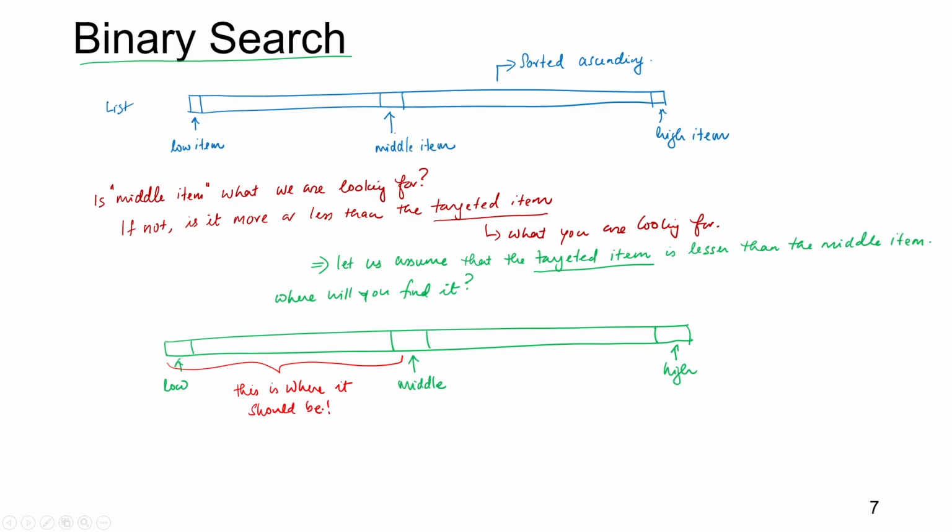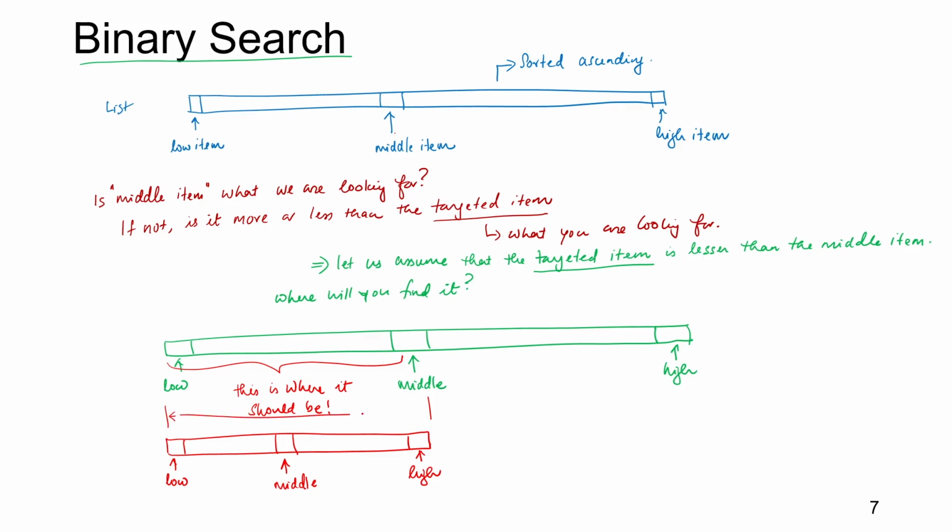So, if that is the case, what will you do? You take this portion and you have just this. This is your low, this middle will become your high, and you now find a new middle.